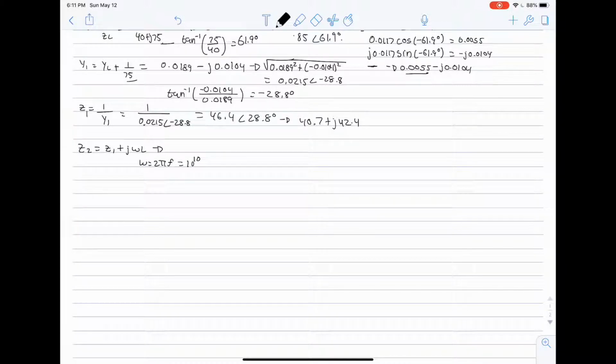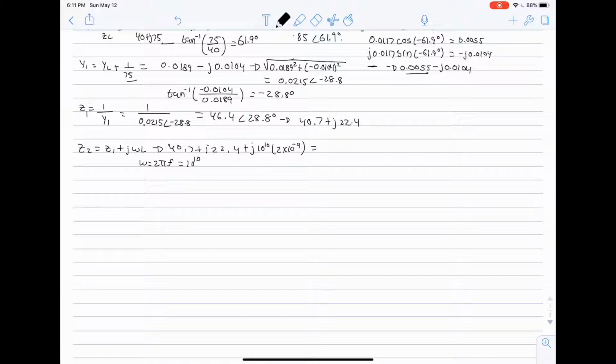So when we add them together, we would get 40.7 plus J 22.4 plus J times omega, which is 10 to the 10, times our inductor value, which is 2 nanohenries, which is 2 times 10 to the negative 9.